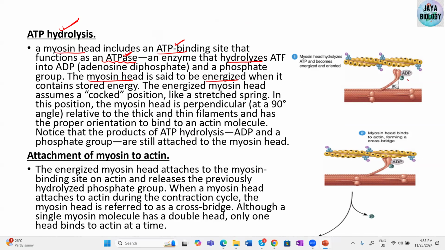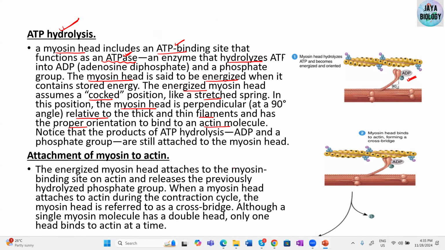You can see in the diagram, it is energized, ATP hydrolysis is done. This energized myosin head assumes a cocked position like a stretched spring and is perpendicular to the thick and thin filament. It now has the proper orientation to bind to the actin molecule.